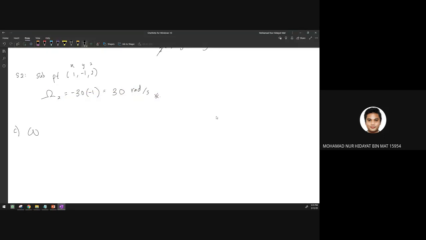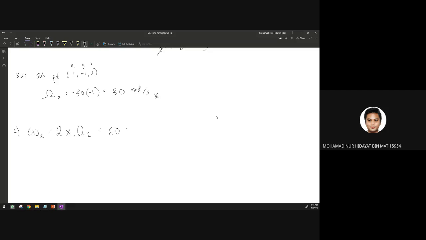So that means this is the vorticity in z component. In x and y, definitely 0, so we don't consider them at all. So from here, 2 times the angular velocity, we get the answer is 60.